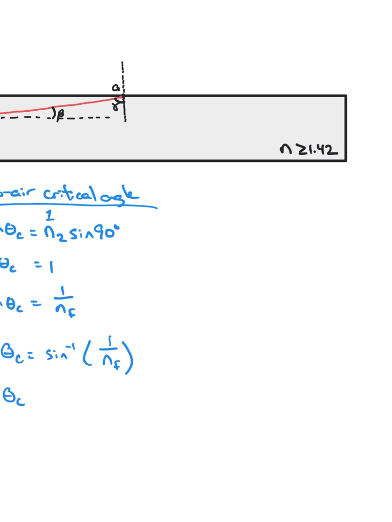I'm going to go back a couple steps, just to make sure. The denominator is 1.42 or bigger. Therefore, the fraction as a whole will be less than or equal to 1 over 1.42. And then I will use the inverse sine now.